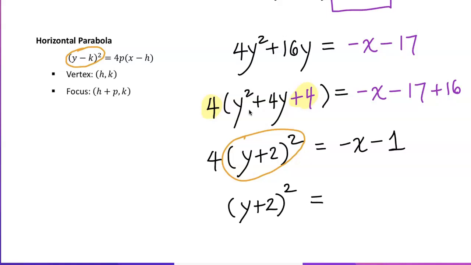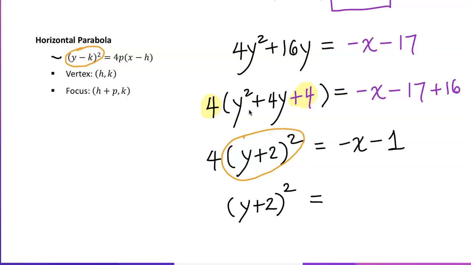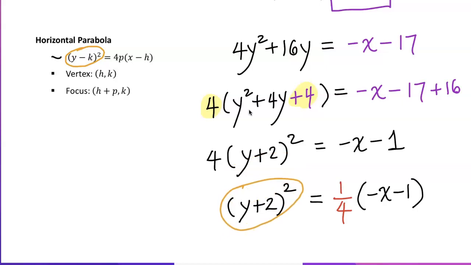So to get rid of that 4 in front of it, because you see there's no 4 there, I am going to multiply 1/4 to both sides. So if I do that, I'm going to get 1/4, or same thing as dividing by 4, times negative x minus 1. So look how same this left-hand side is. We have exactly y plus 2 squared, and that's what they have on the left-hand side.